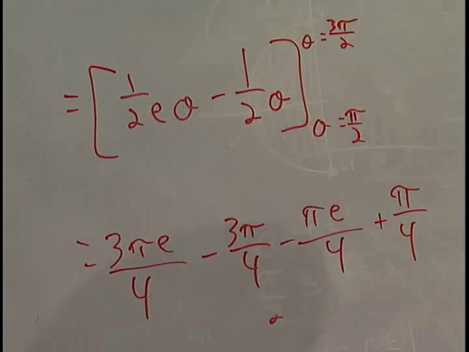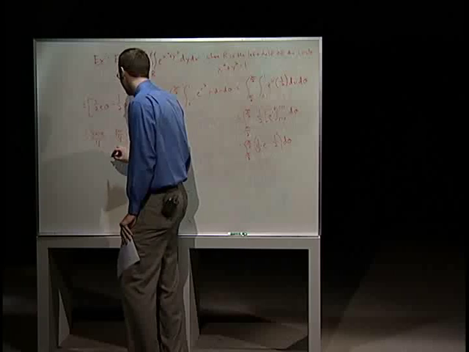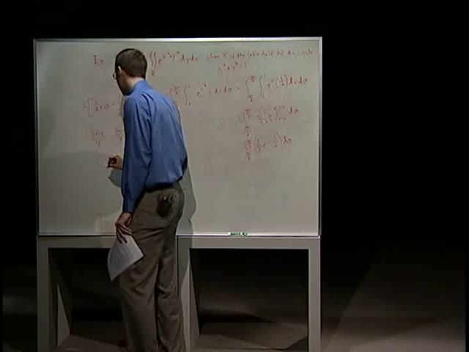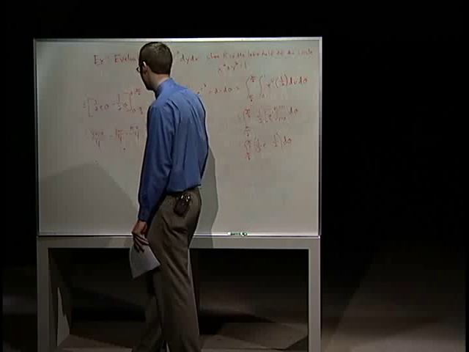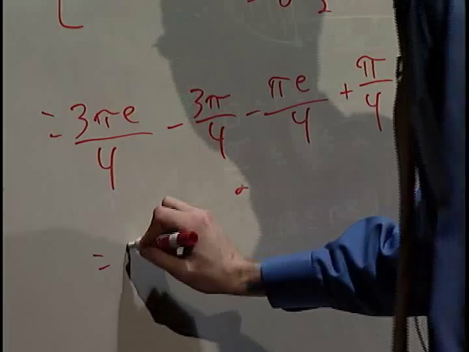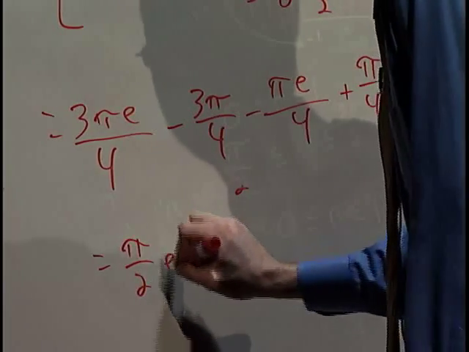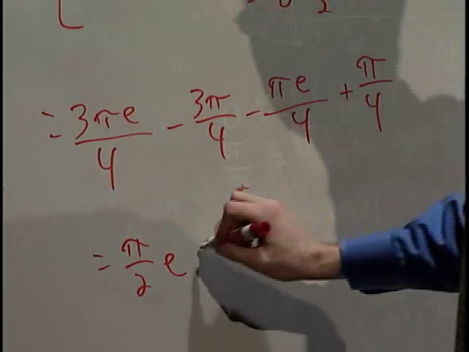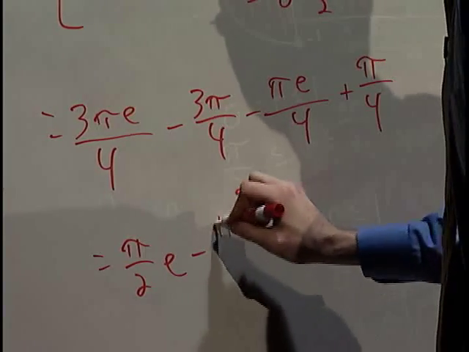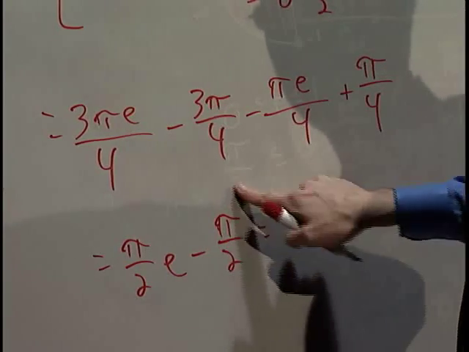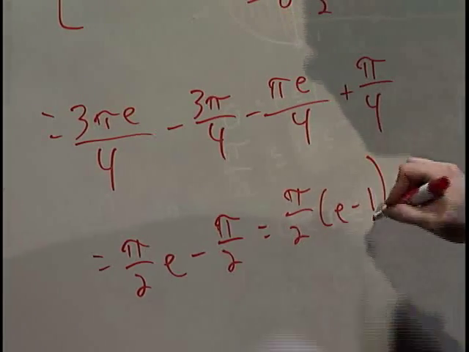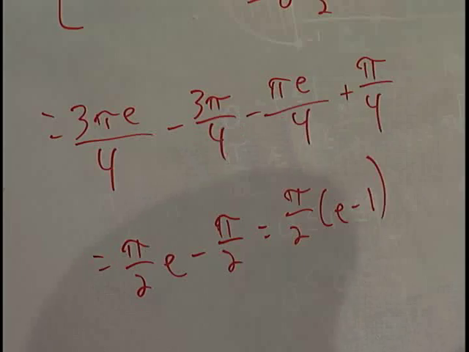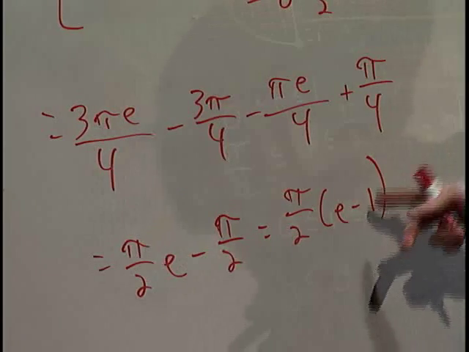So 3π minus π is 2π over 4 times e, which is π/2 e, and then minus π/2, right? You can write that as π/2 times (e minus 1). Is that what I've got? Yeah, looks good. So there's your integral.